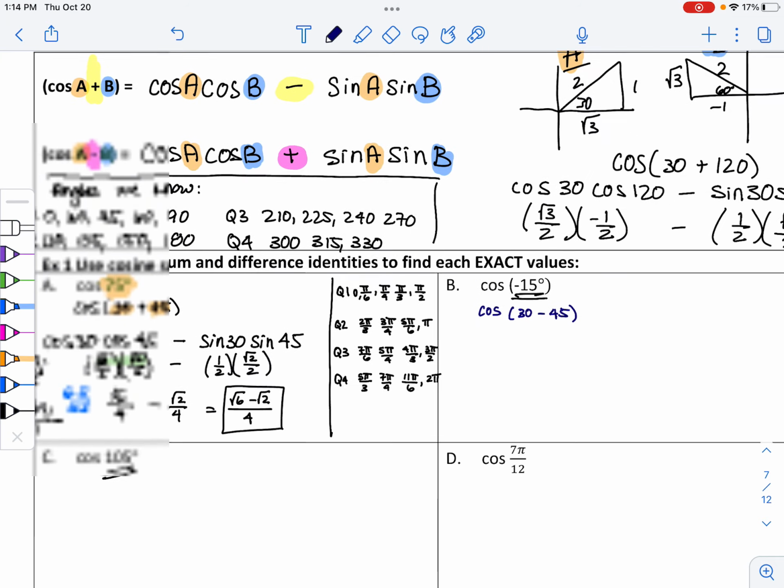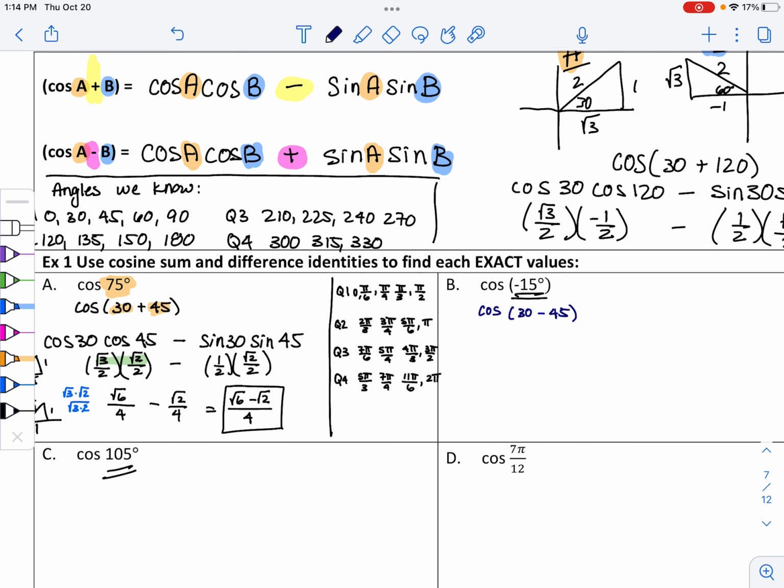Zooming out in the notes, subtraction of cosine says cosine of A, which is 30 degrees, times the cosine of B, which is 45, plus the sine of A, which is sine of 30, times the sine of B, which is sine of 45.